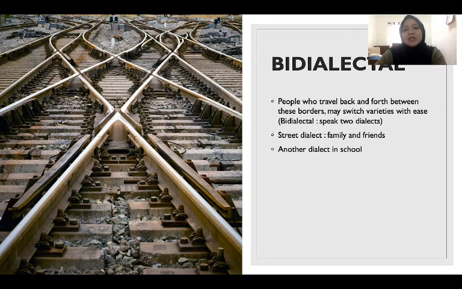Okay, so these people normally travel back and forth between these borders, and they may switch varieties with ease. Let's think of a local example, like the states of Penang and Kedah.